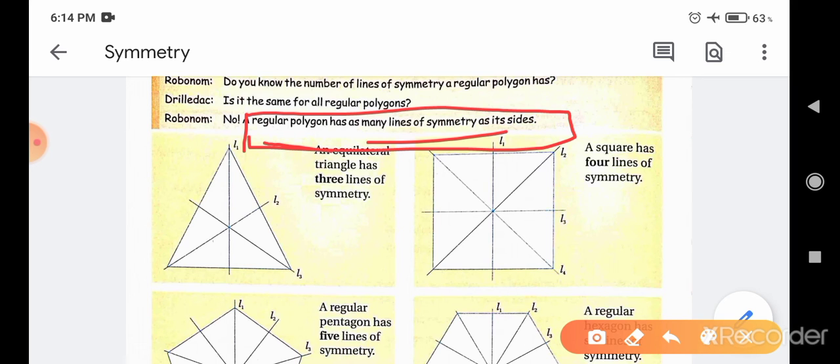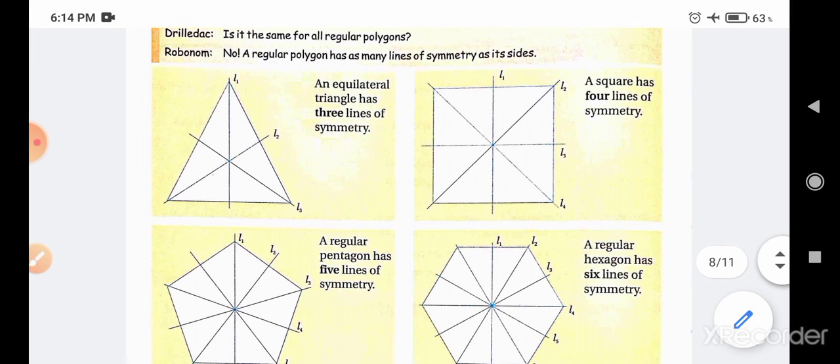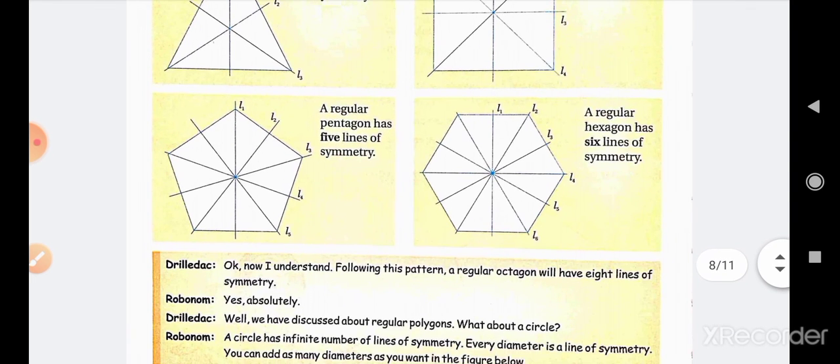A square has 4 sides, so a square has 4 lines of symmetry. So it depends on the number of sides of the regular polygon. A regular pentagon will have 5 lines of symmetry and a regular hexagon will have 6 lines of symmetry.